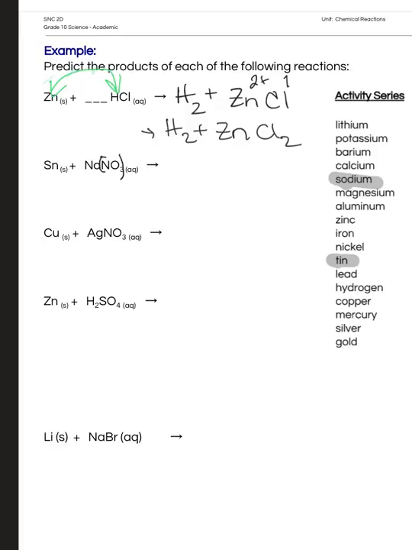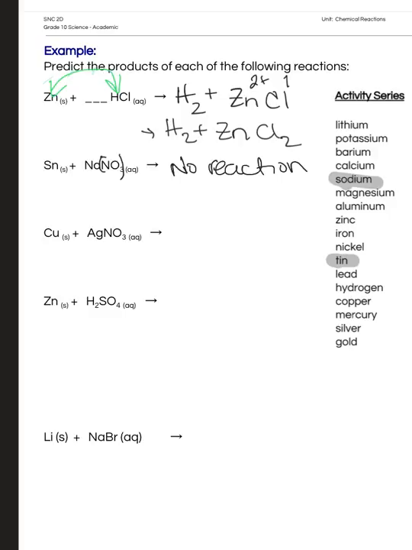So if I'm looking at this, my sodium is actually going to be higher than my tin on my activity series. And what that means is that my sodium is so happy right here that it's not going to want to budge. It doesn't want to switch out with tin. There's not enough power or reactivity there. So what's going to happen is that this actually would be no reaction. Okay, that's not going to happen there.